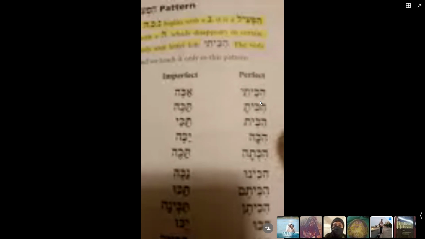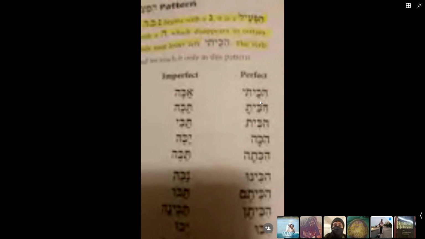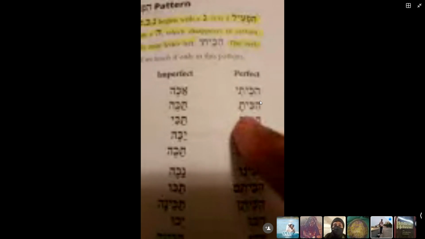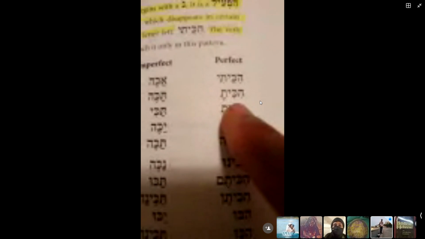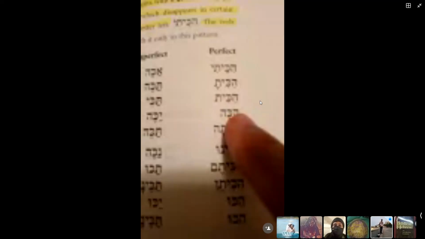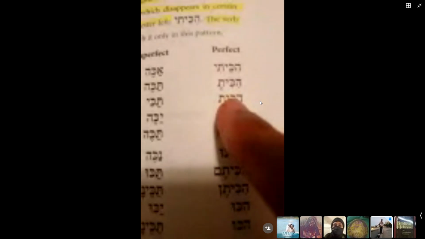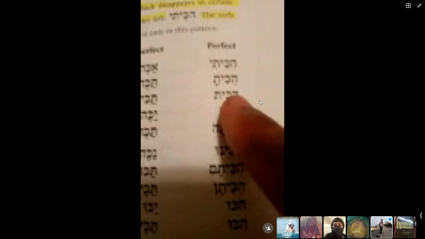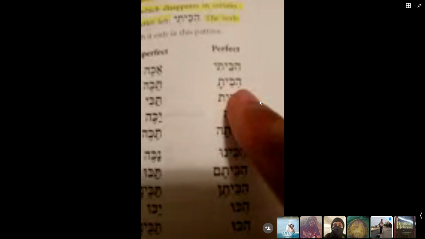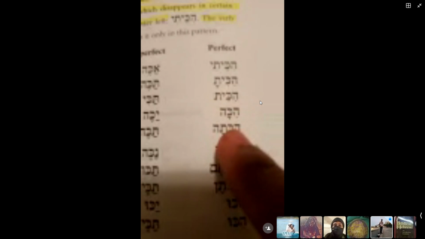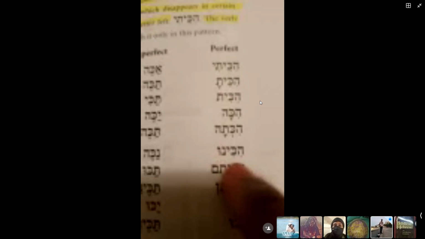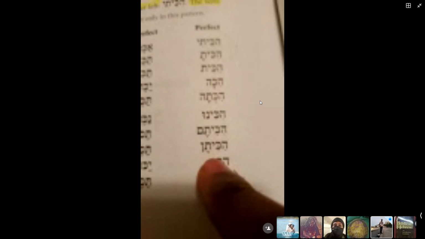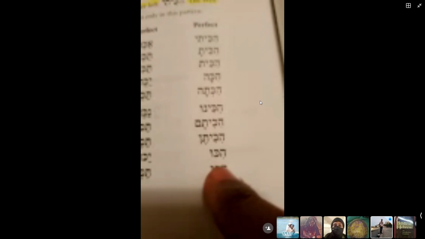So you gotta be able to put all those things together to recognize the verb roots sometimes. Um, so just going through, hikita, hikit, hika, hikta, hikinu, hikitem, hikiten, hiku.